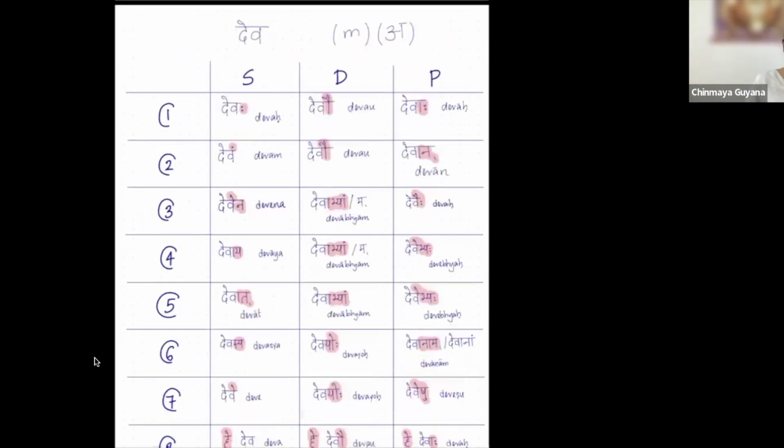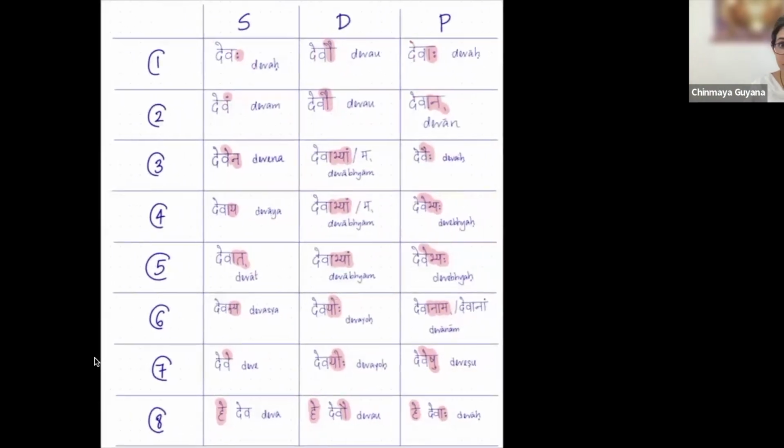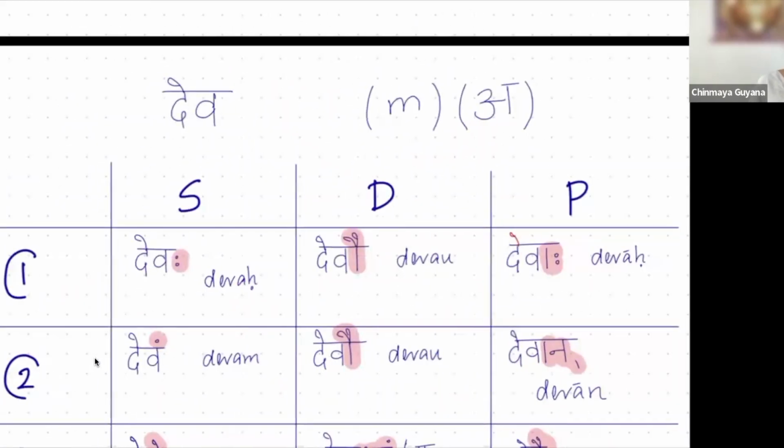Okay, then your challenge for yesterday was to write the Deva table, with the substantive word in the same table now replaced with Deva instead of Rama. Everybody please note, yesterday I missed writing this little A on the Deva. If you got confused, I am sorry.